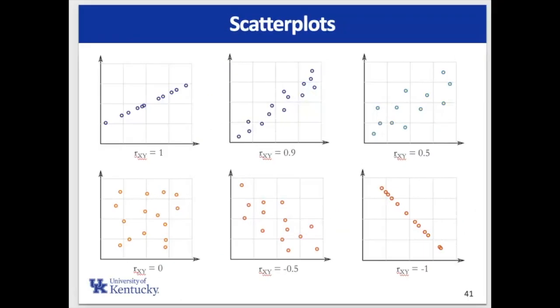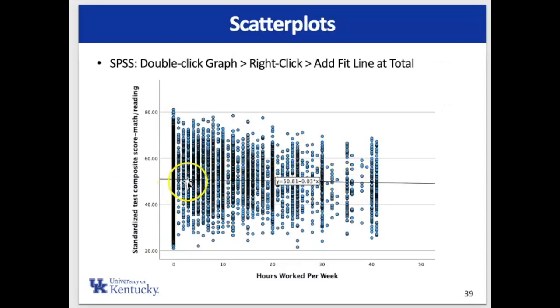One last thought on scatter plots and correlation. The correlation can only tell us 2 things: the strength and the direction. With each of these, we see different levels of strength, like we mentioned before, and we see the direction. It can give us a line of best fit, like we saw here, where this line going across is our line of best fit.